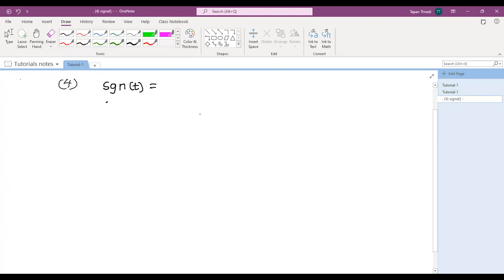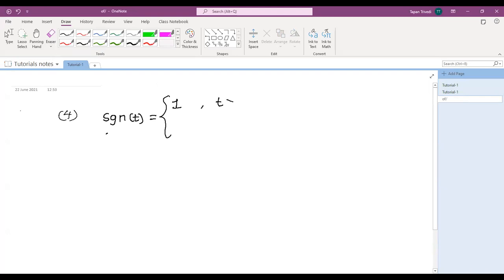The signum function is equal to 1 if t is greater than or equal to 0, and it is minus 1 if t is less than 0.